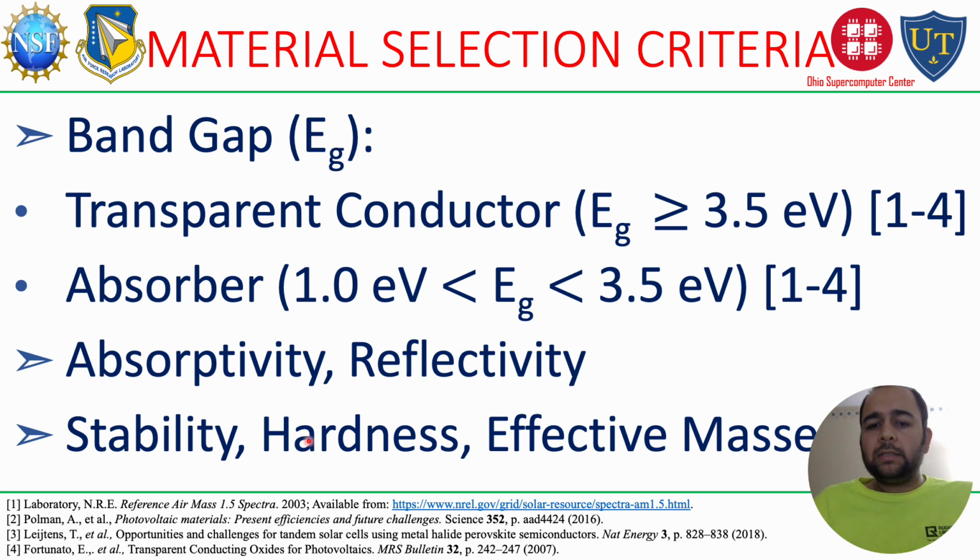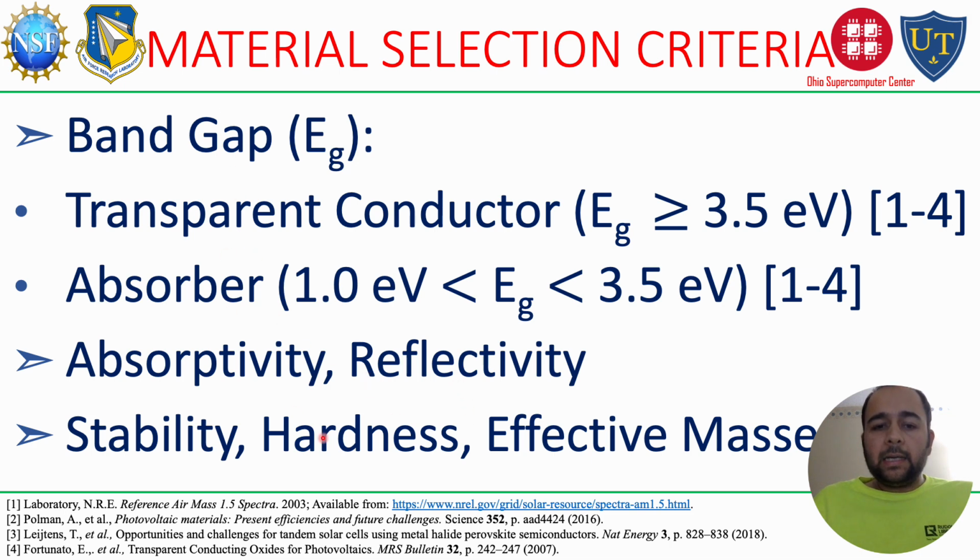Similarly, solar cells are subjected to different real life conditions, so a solar cell has to be of a certain hardness. Similarly, the effective mass helps us get an idea of carrier mobility and diffusion length in the material, which helps us understand the electronic and hole transport situation inside the crystal structure.